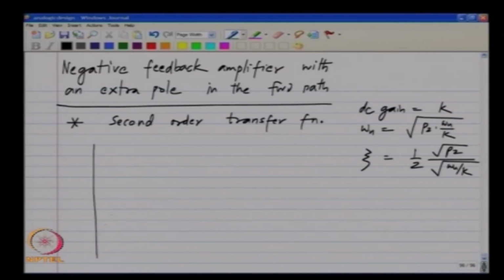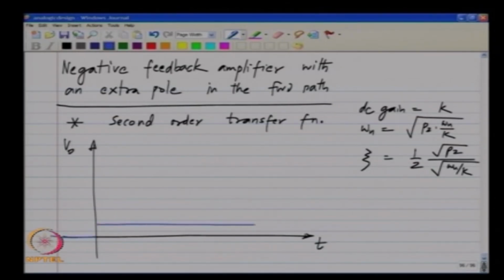Now, if you plot the step response of a system like this, response of the system to a unit step. So, let us say the input has a unit step. Now, what will happen after a long time, the output will be equal to the DC gain of the system times the input voltage. So, after a long time, the output is going to reach k volts, because the input is 1 volt, the output is going to reach k volts after a while.